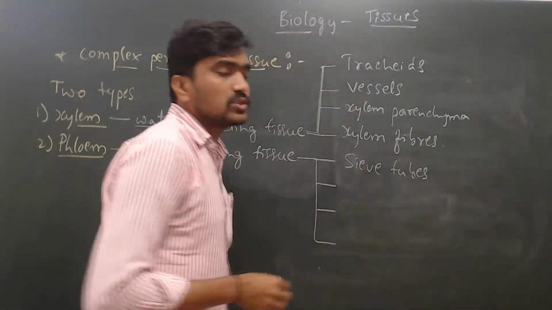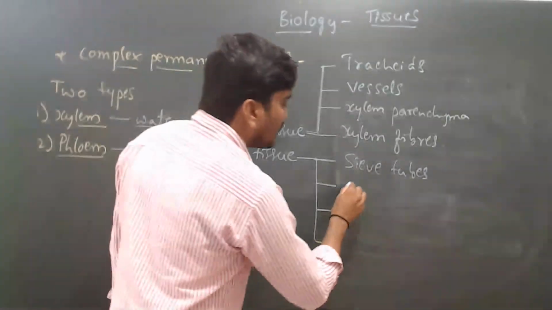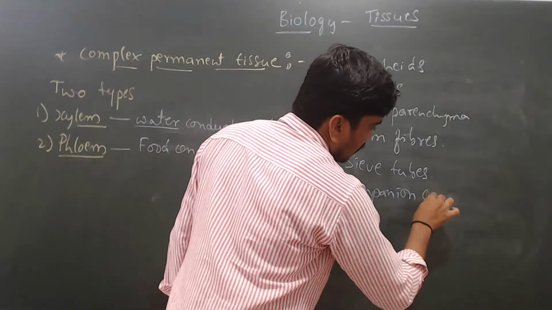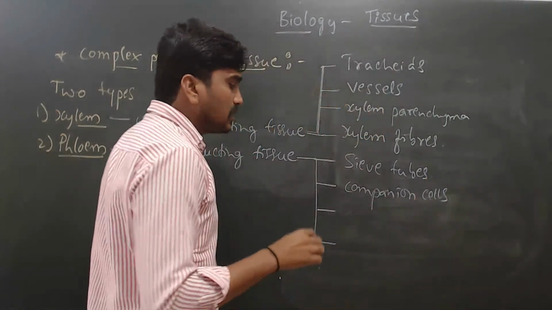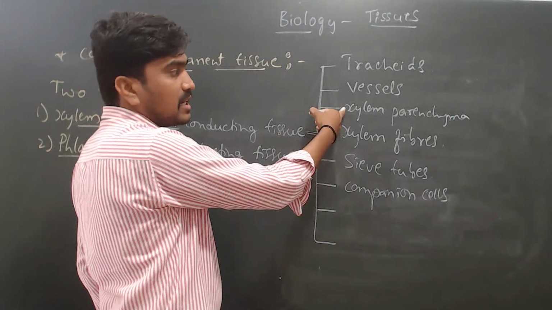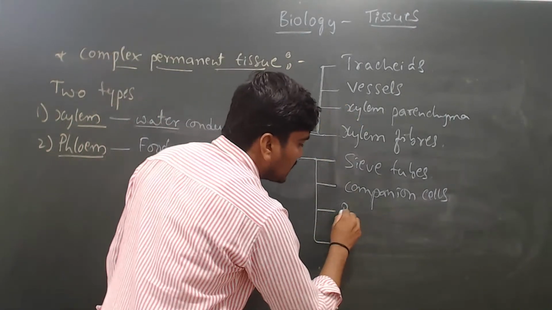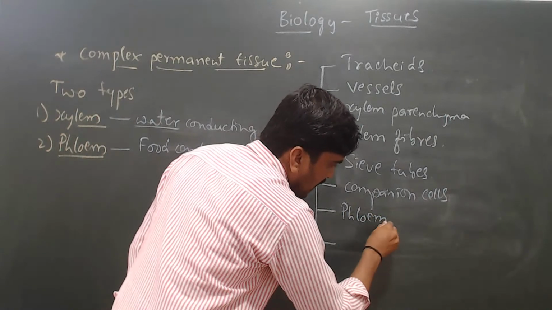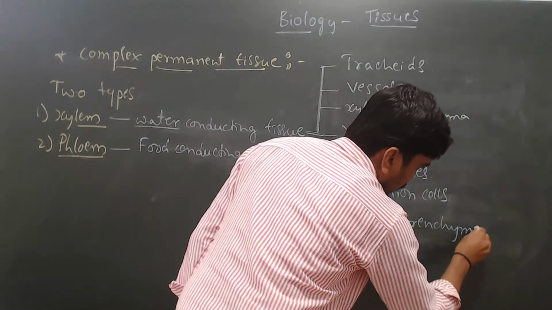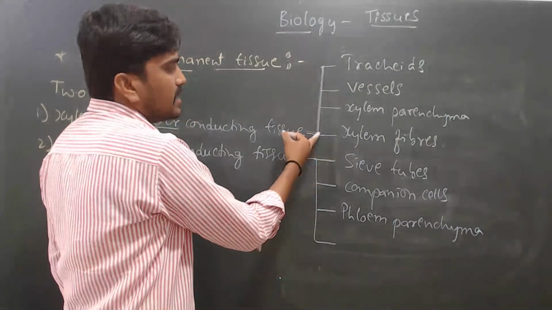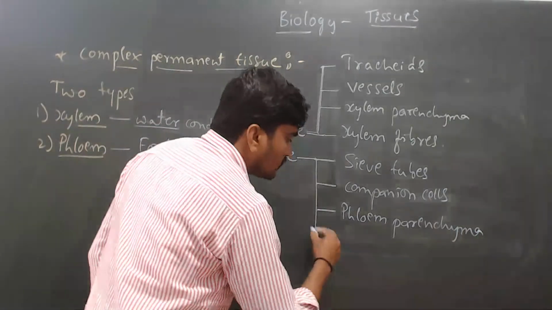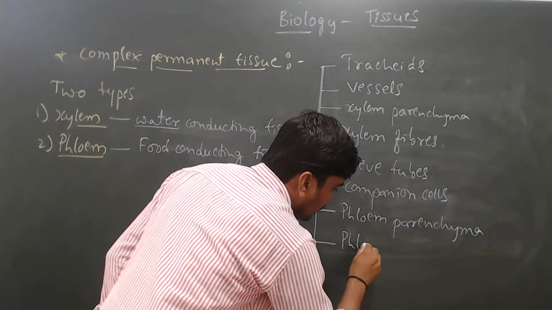The second one is companion cells. The third one, like xylem parenchyma, is phloem parenchyma, and the fourth one, like xylem fibers, is phloem fibers.